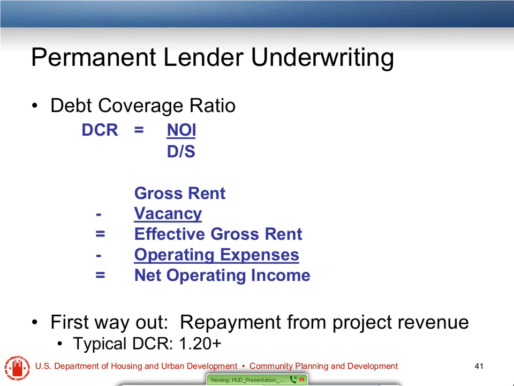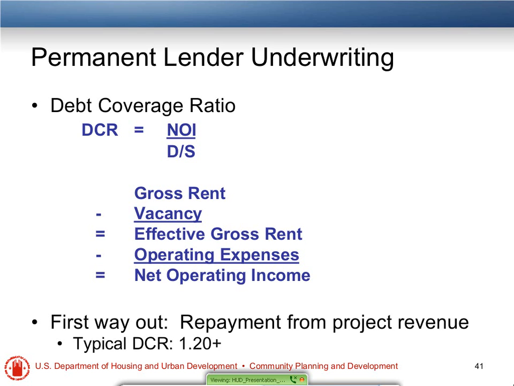Our permanent lender, when they're looking at financing a project, is going to look at debt coverage as the primary way to be repaid. We talked about the fact that they would be willing to lend based on a loan-to-value, and that loan-to-value is what, in fact, pays them back if they have to foreclose. Lenders would prefer not to be paid back through foreclosure. They want to get paid back through profits from the development, your net operating income.